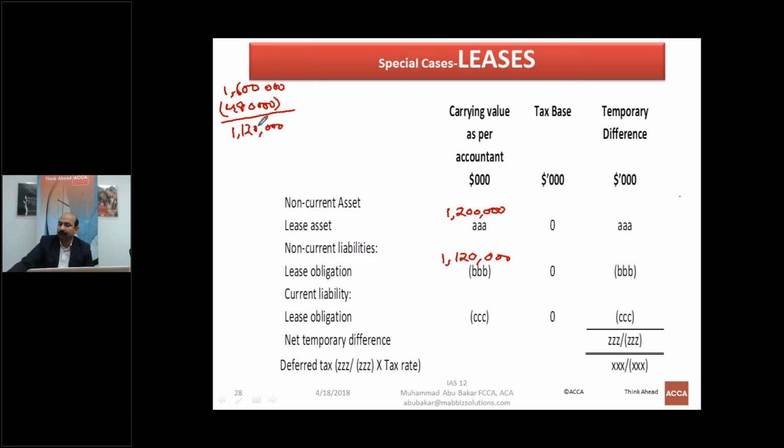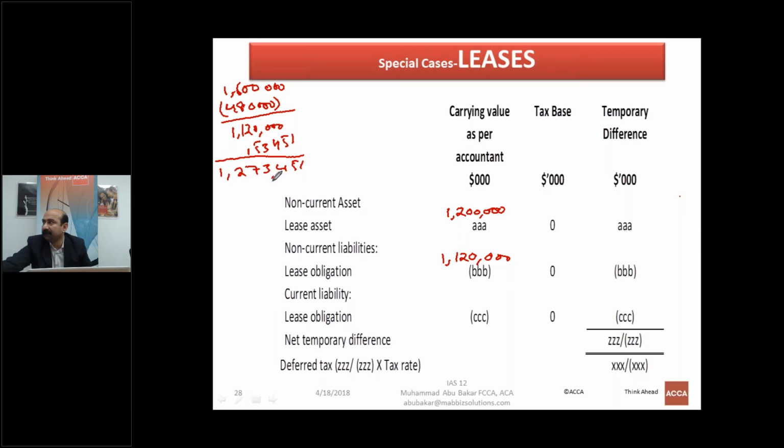And thereafter, when we calculate the finance charge on this lease at the rate of 13.70%, this comes to 153,451. So the total liability will become 1,273,451. I suppose you can check it.